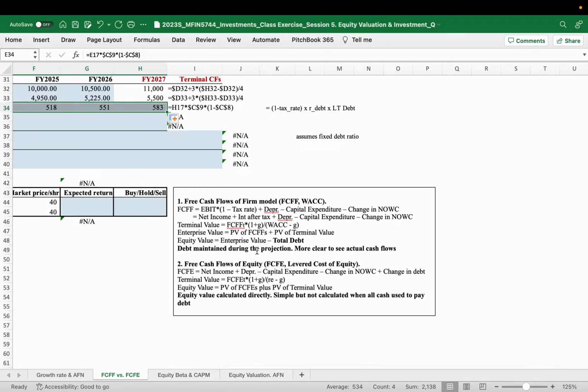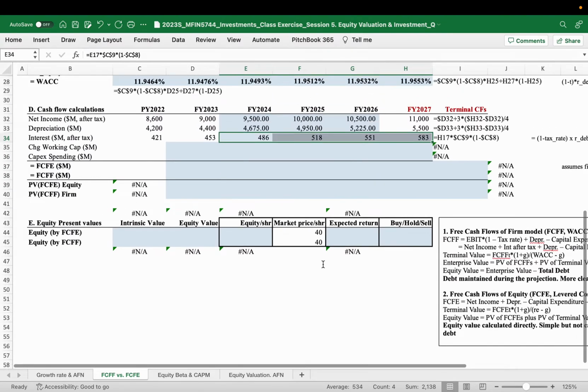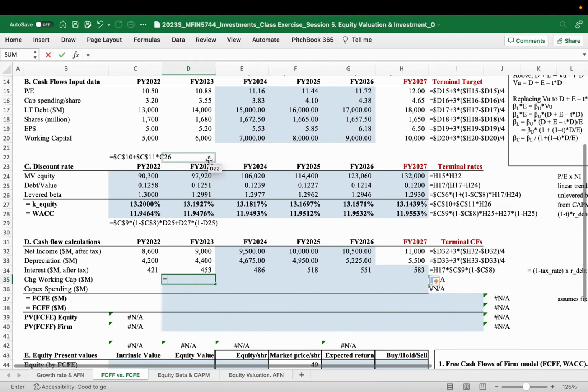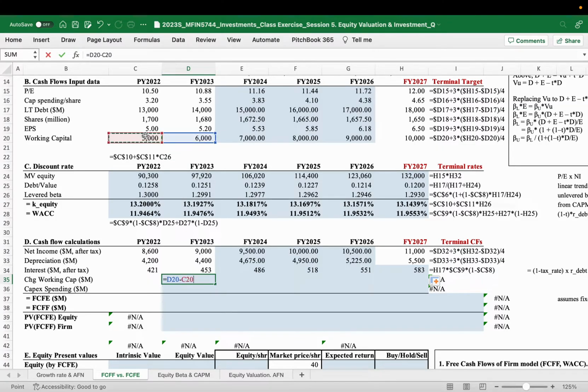Now, one of the components is the free cash flow of the firm and the free cash flow of the equity. Changes in working capital is the difference between two years. Where's the working capital projected? Here we go. So minus the capex spending.